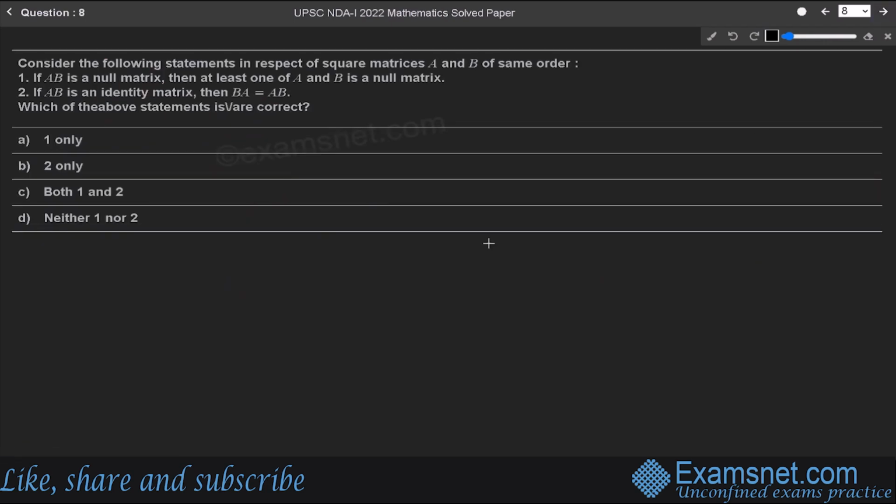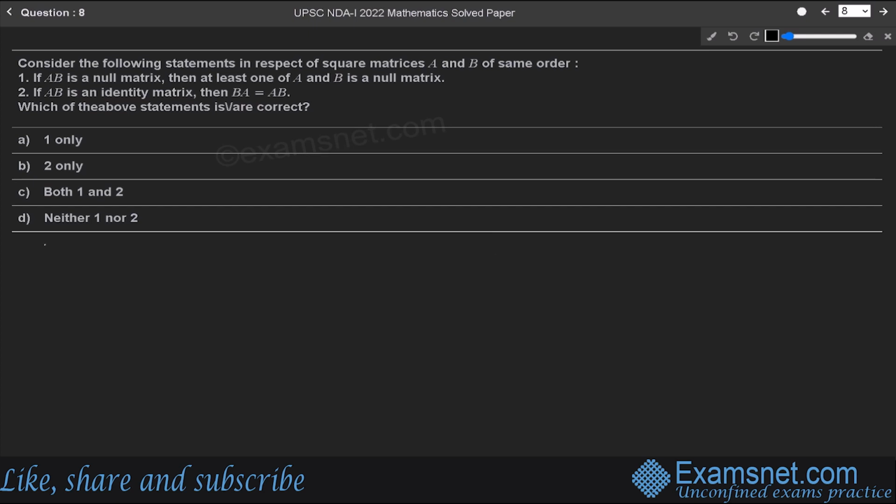Next question is, consider the following statements in respect of square matrices A and B of same order. First statement is, if AB is a null matrix, then at least one of A and B is a null matrix. It is not a correct statement.